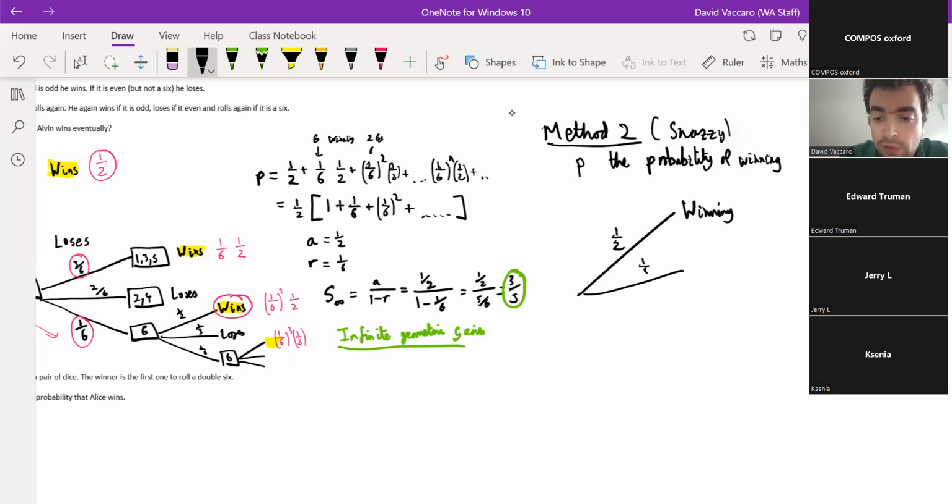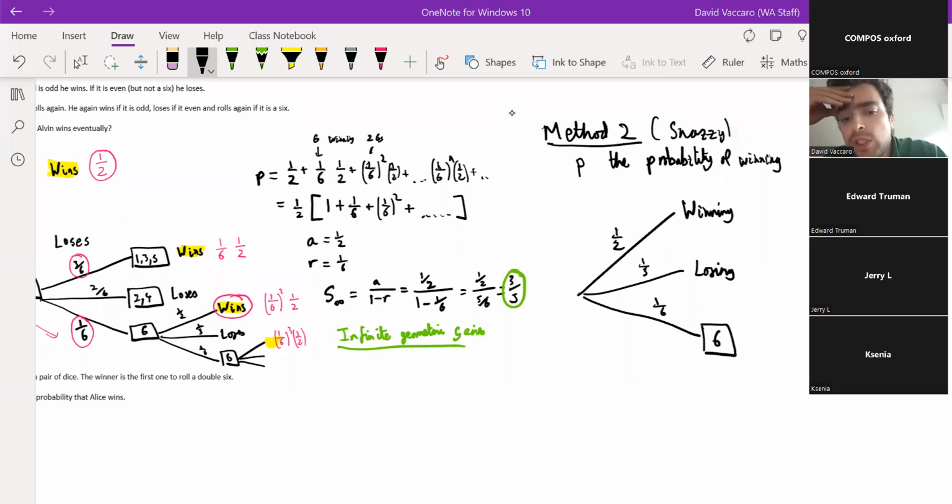There's a probability of a third of just losing. And then there's a probability of 1/6 of rolling a 6. Can anybody maybe in the chat tell me, can you describe the situation that has occurred after rolling an initial 6?